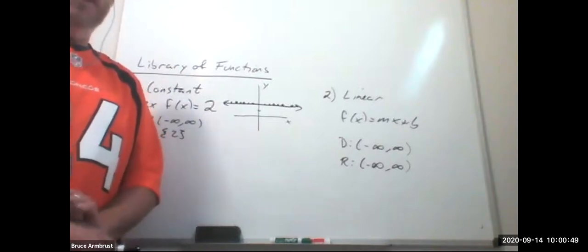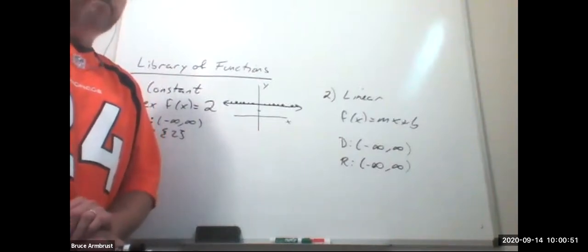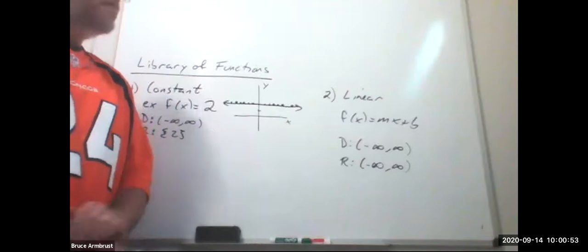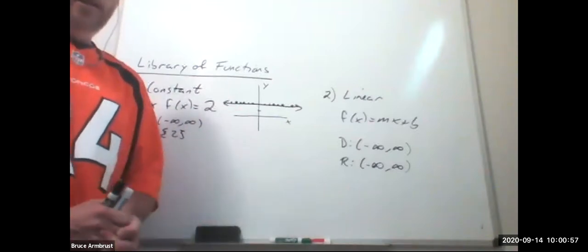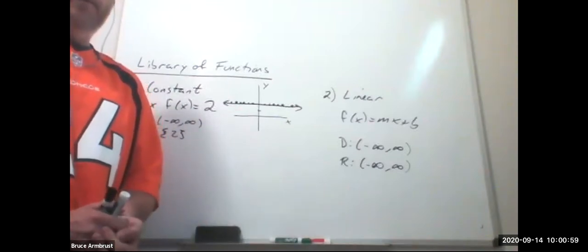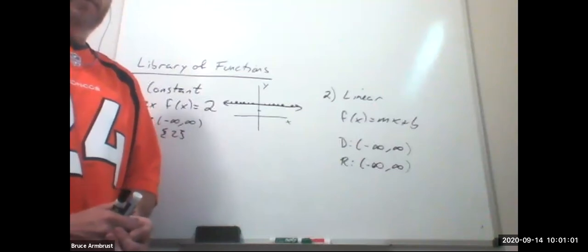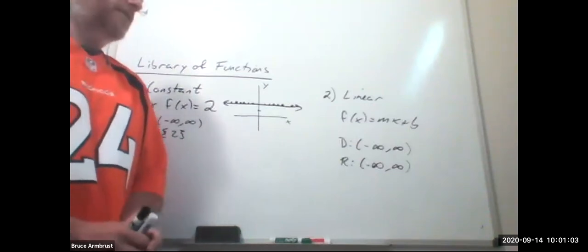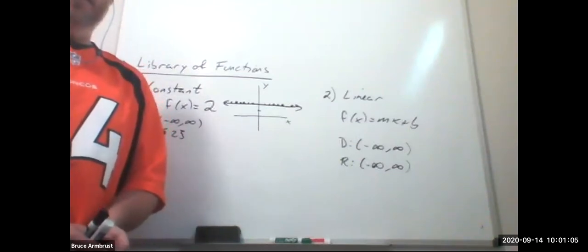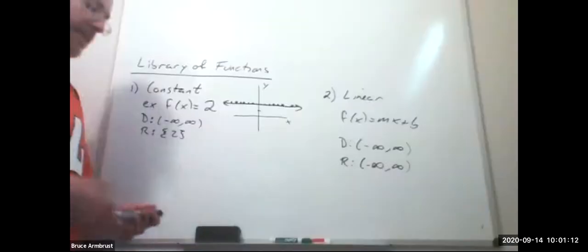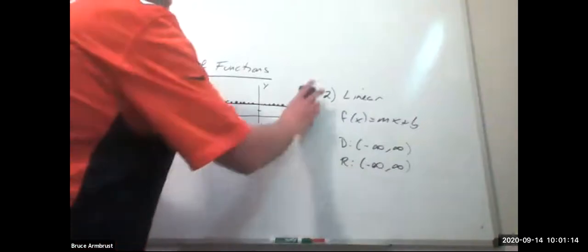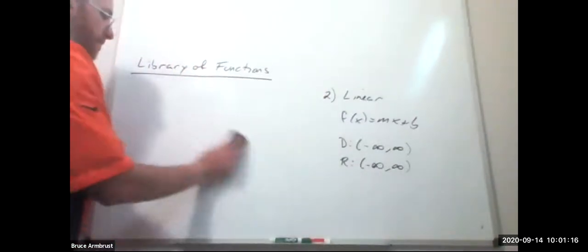Sometimes. Are they decreasing? Sometimes. But no matter what, they are either increasing or decreasing. What tells you whether it increases or decreases? The slope. Yep, exactly. The slope determines everything in terms of this being increasing or decreasing.